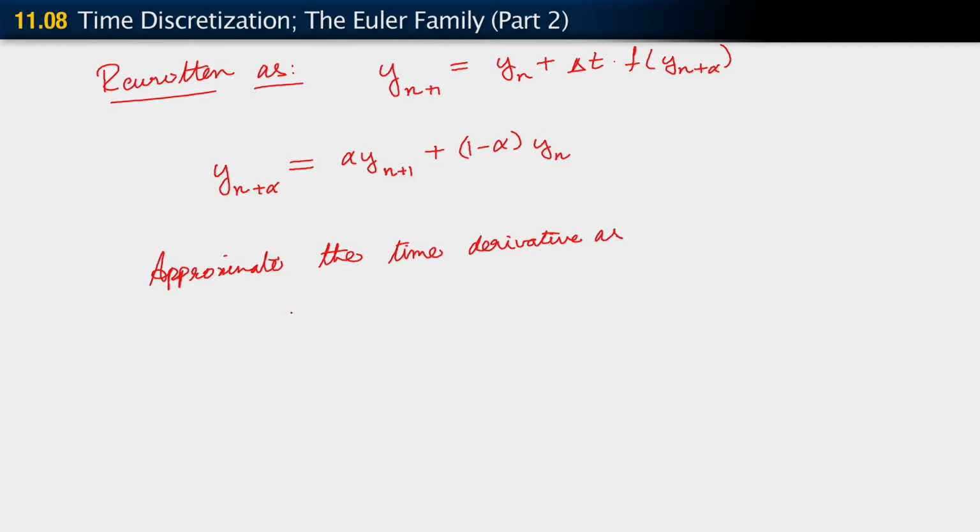Instead of saying y dot, we're just saying, let me take a linear approximation of it over the time step, or over the time interval. So this is our approximation for the time derivative.